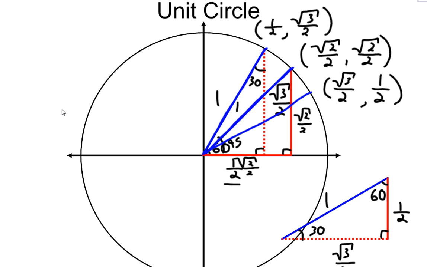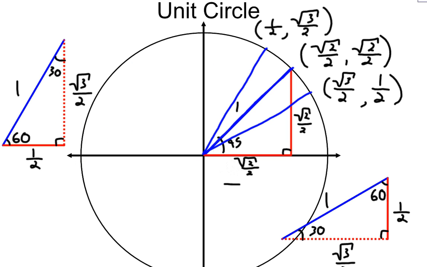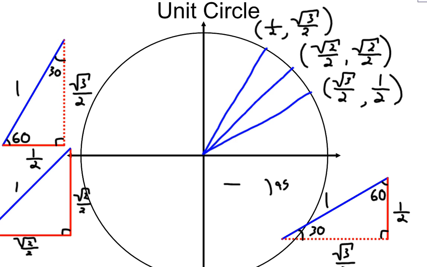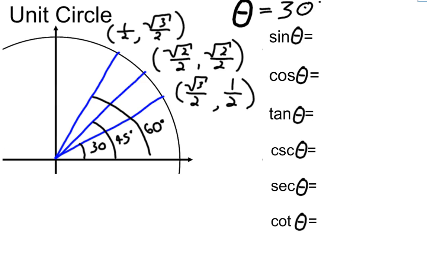So to organize this a little bit more, I'll move these out of the way, and we can see that our angles here, the small one here is 30 degrees. The next one here was 45 degrees, and our next one was 60 degrees. And we'll show how this will be really useful in the next slide.